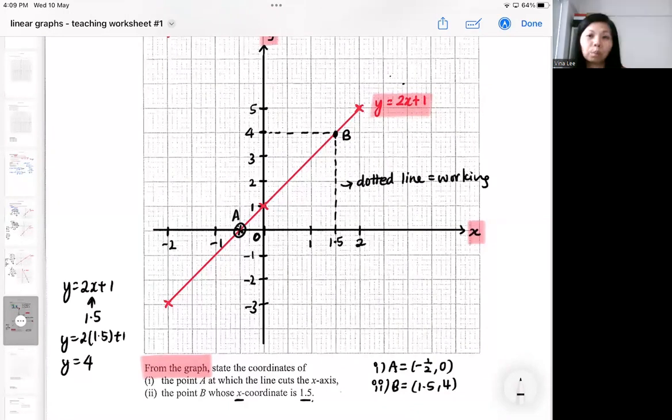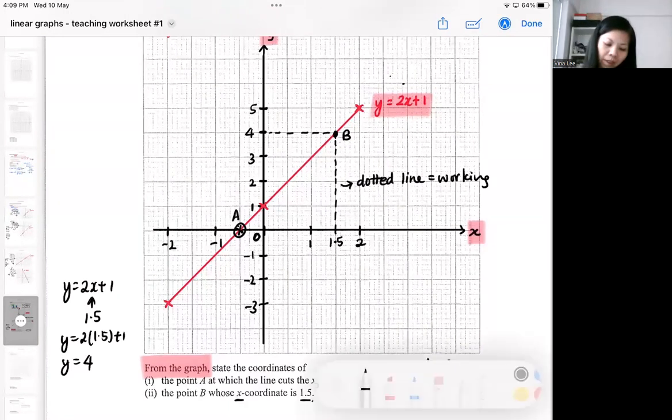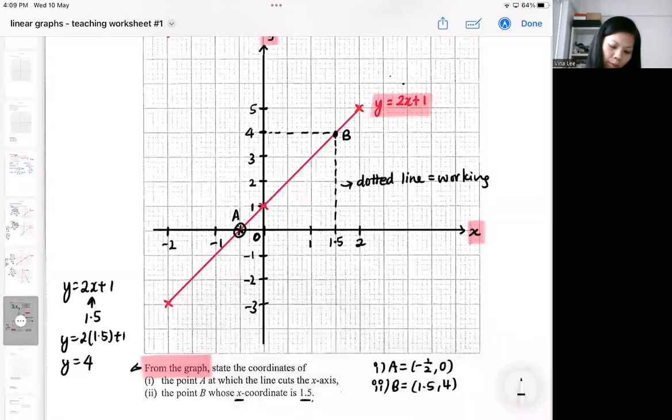But you are not supposed to do it by calculation, because the question says you have to do it from your graph. That means the answer must come from your graph instead of by calculation. And because you're going to get it from the graph, you have to show the dotted line. That is the part that you look at to get the answer.